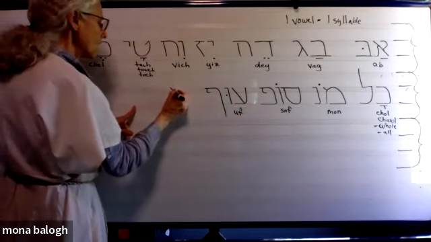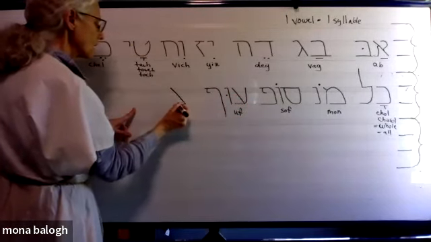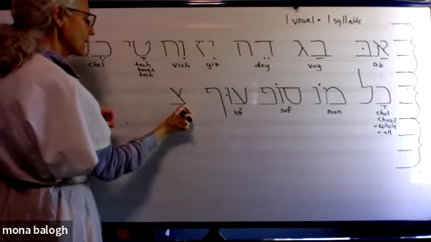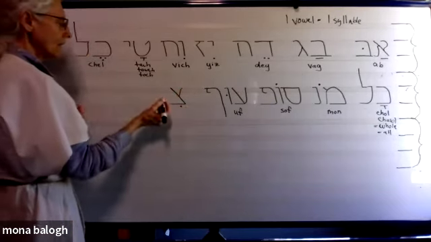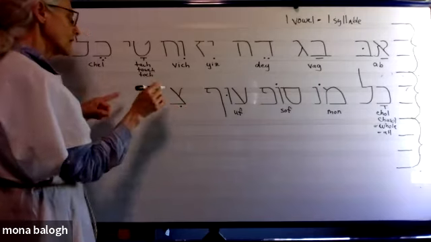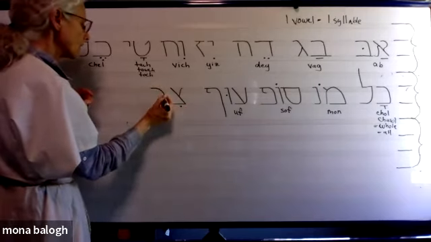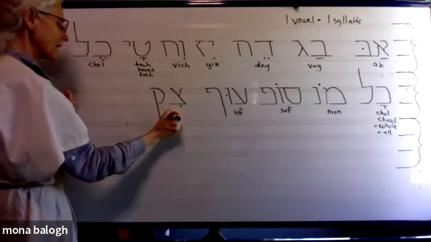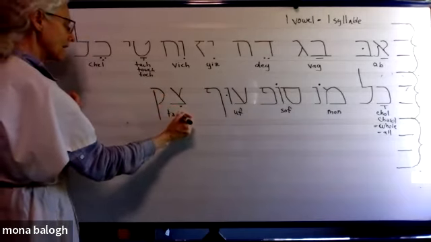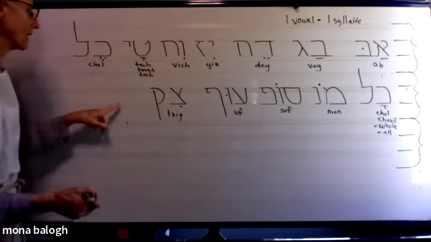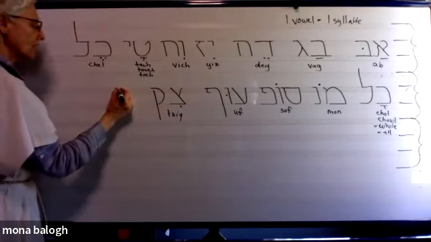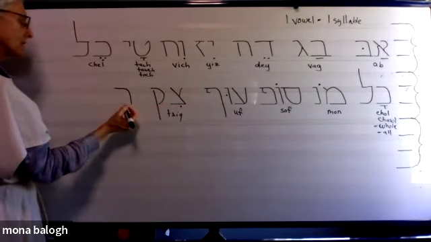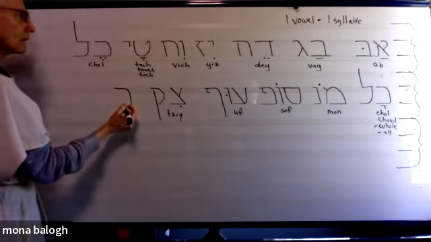Sadi. Let's do it. Sadi. Okay, and let's do a hirek. Okay. Kuf. Sick. Reish.